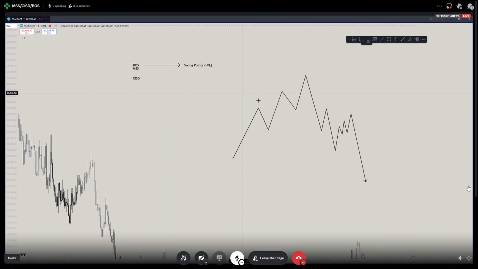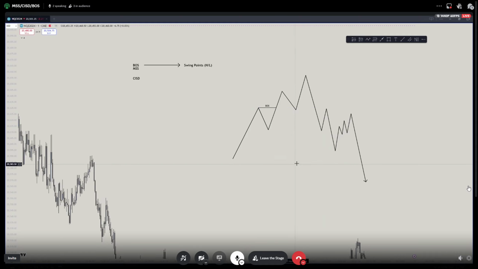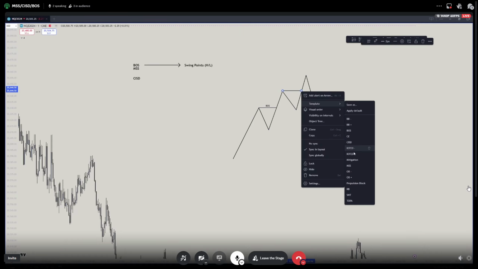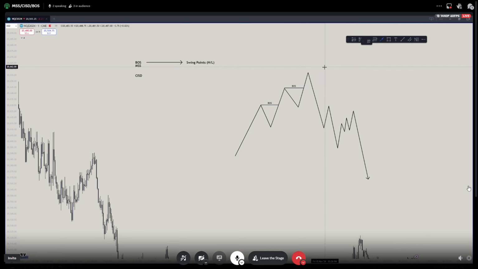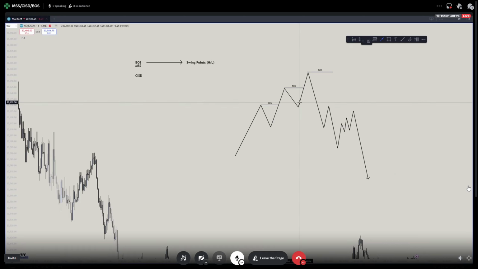So in each swing point here, right here, this would be your first break of structure point. You would have your second break of structure point here, right? And then you would have a failed break of structure up here as price never ended up coming up towards here, right? And here is where you will see your market structure shift at this swing low right here.